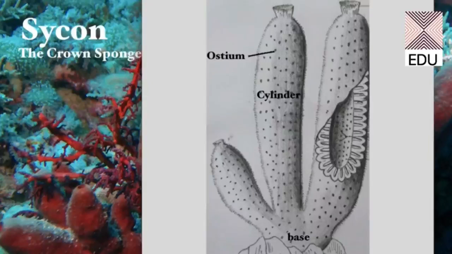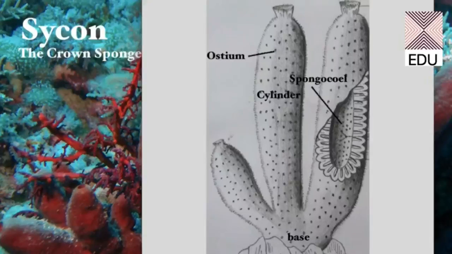There is an empty space which is called the spongocoel. This empty space inside the cylinder is called spongocoel. So the Sycon, or a sponge, is hollow from inside because it has got spongocoel. Now the water has reached the spongocoel through ostia.